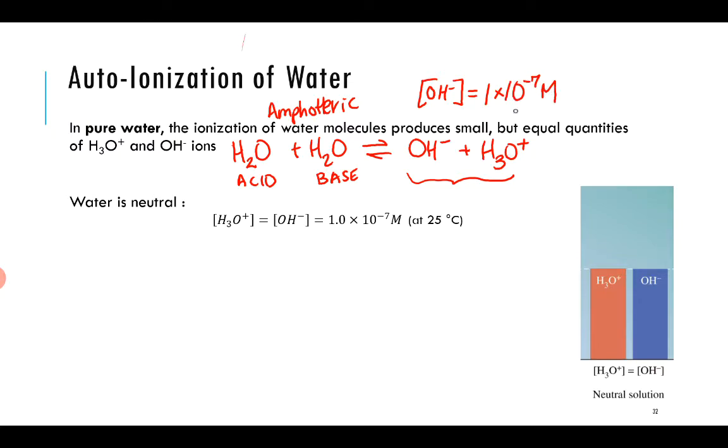So that's very tiny. And the molarity of H3O plus is also 1 times 10 to the minus 7th. These two amounts are equal to one another at 25 degrees Celsius. So even neutral water has some H3O plus ions and some hydroxide ions.